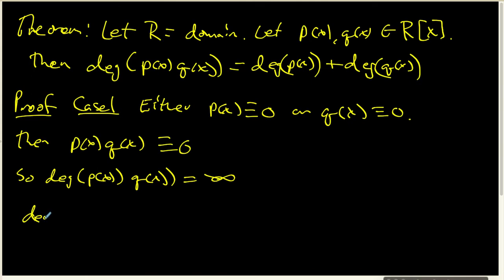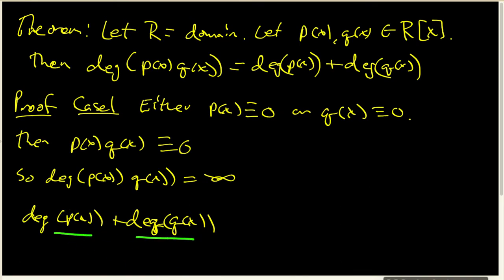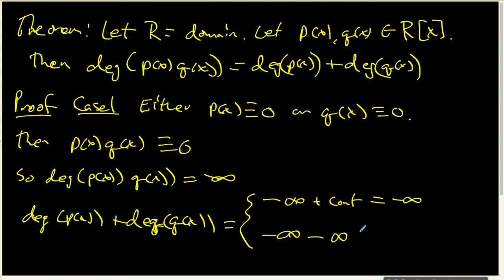And if I think about the degree of P(x) plus the degree of Q(x), well, one of these two things, either this guy or this guy, is minus infinity. Possibly both of them are minus infinity. So this is going to essentially break down into either minus infinity plus a constant, which will be minus infinity, or it'll be minus infinity plus minus infinity, which is just minus infinity.